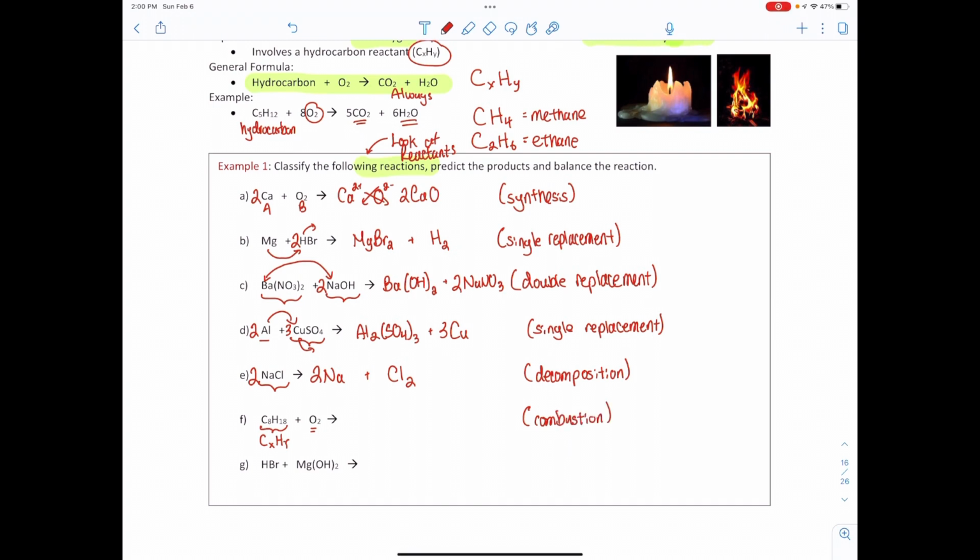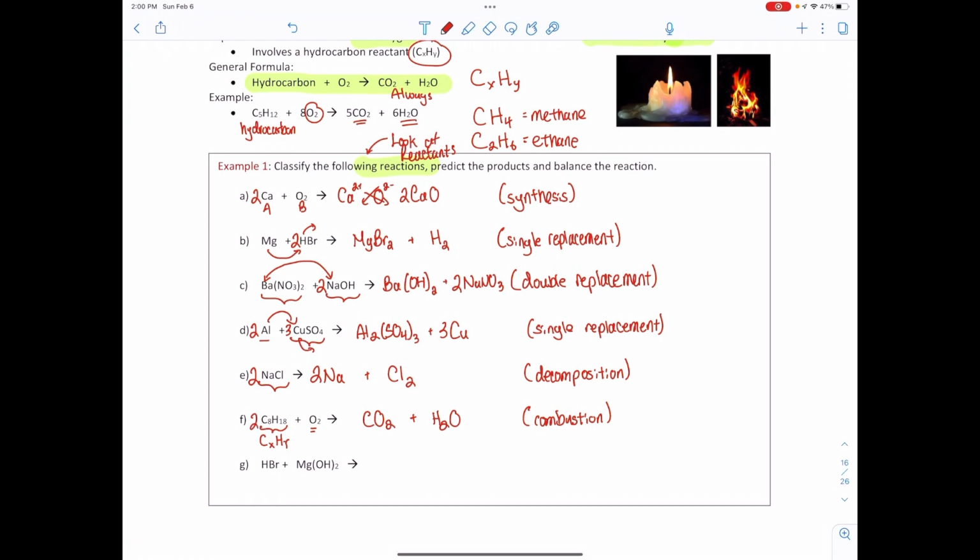For all combustion reactions, you're always going to end up with carbon dioxide and H2O. So when you're predicting your products, you can just write down carbon dioxide and H2O. For combustion reactions, it's a little bit tricky when it comes to balancing the chemical reactions, so I would say definitely practice balancing combustions.